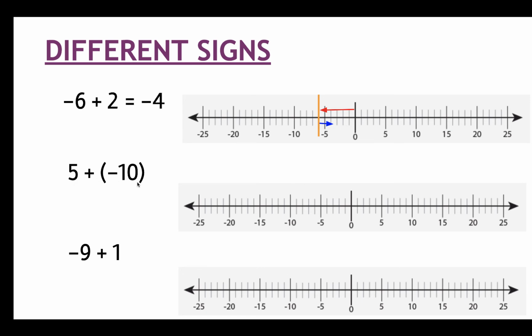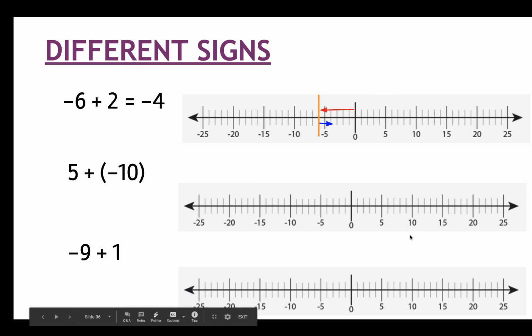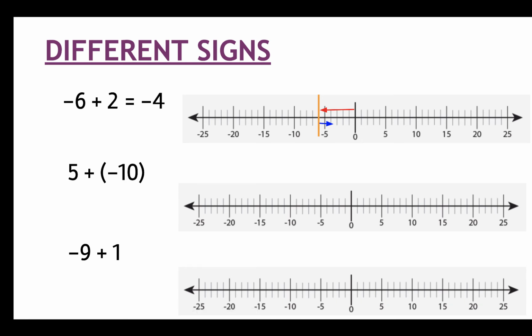Write down the next one. 5 plus a negative 10. Again, just noticing that I have a parenthesis around the negative when it's my second term to isolate that, to make it very clear that it's a negative 10. So this time, I'm not going to have animation coming in on my number lines. Let's see if you can do it without me giving you that answer there. I need to find positive 5 on the number line. Do that.